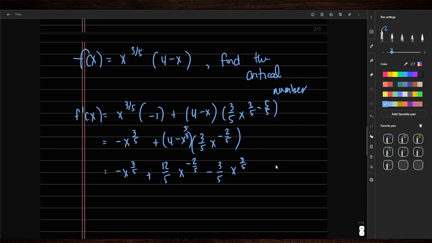We could add the same exponent. So this becomes negative 8 over 5 x to the 3/5 plus 12 over 5 times x to the power of negative 2/5.